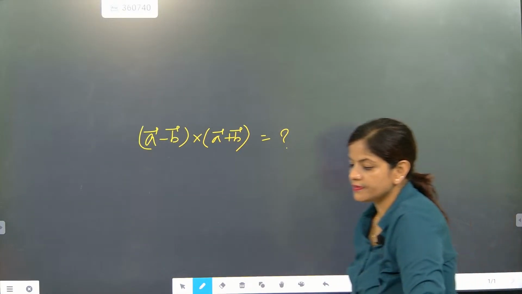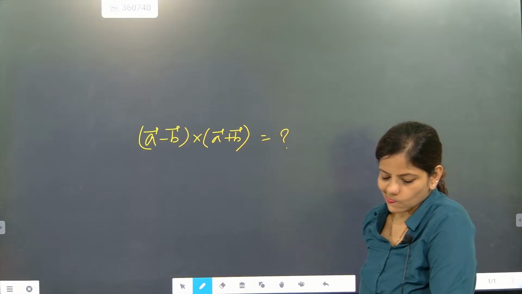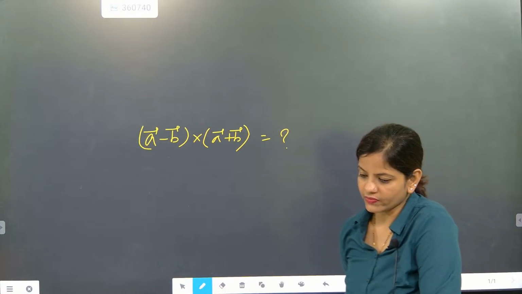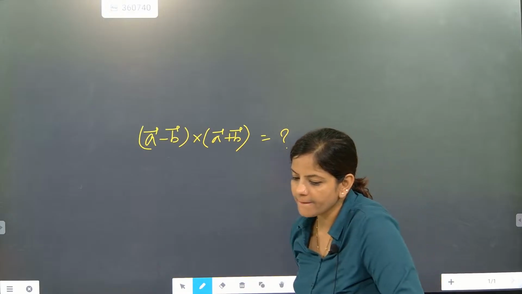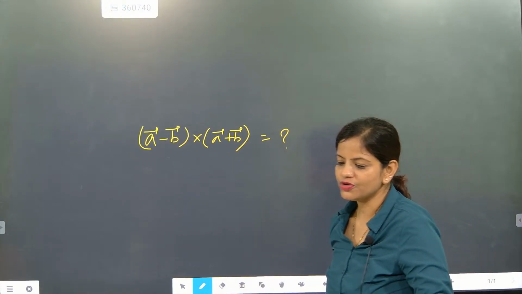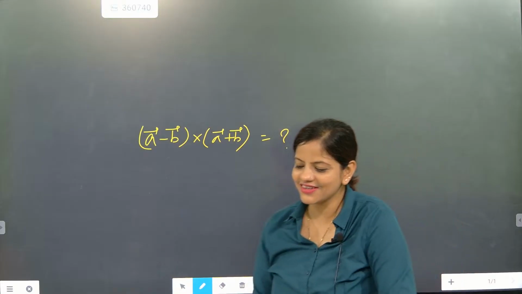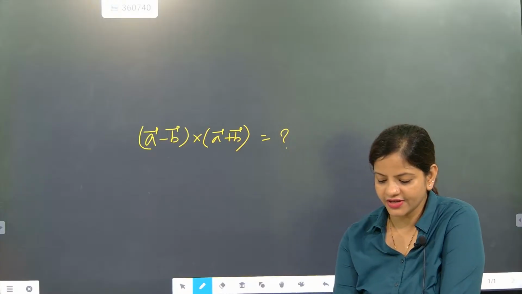Come on, go for it. What is the answer, Peter? Zero? Most of the time the answer will not come zero. Just think what can be the answer. Here the answer cannot be zero. Today all the idiots are absent, so I'm not finding so.